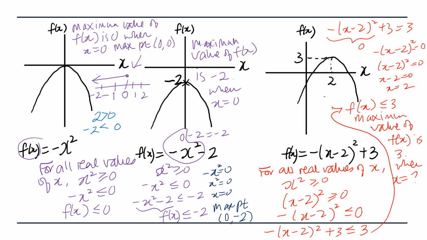So therefore, the maximum value of f(x) is 3 when x equals 2. In this case, we're talking about the maximum point, so the maximum point will then be (2, 3).